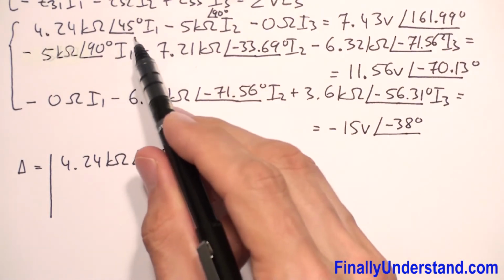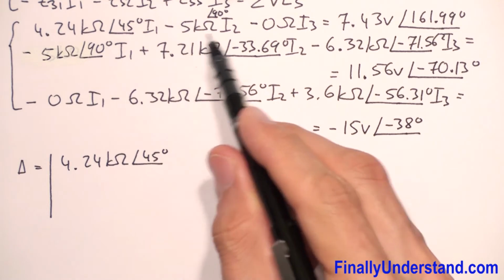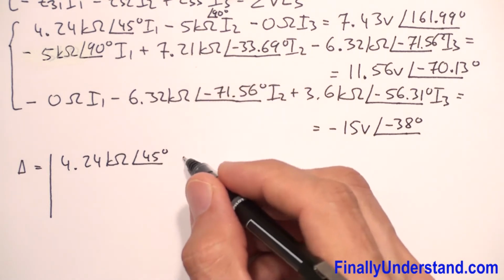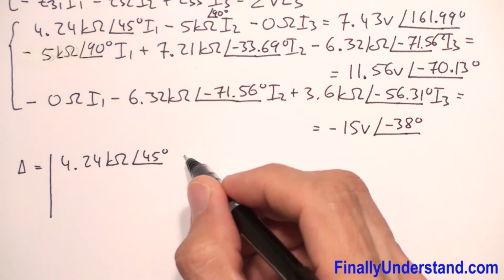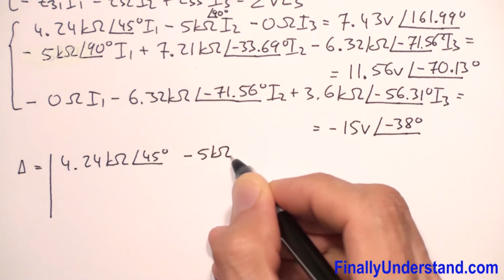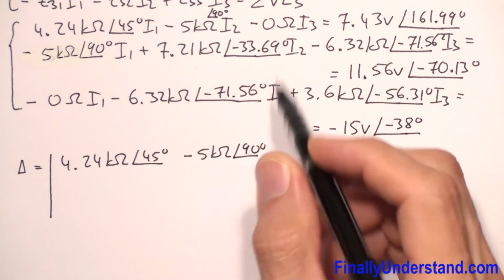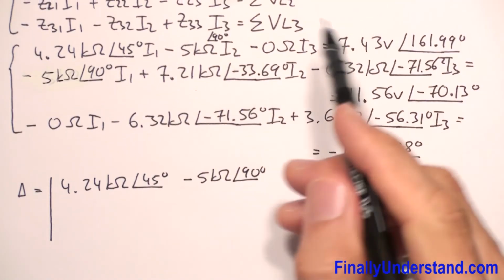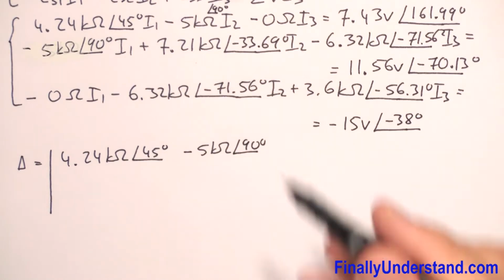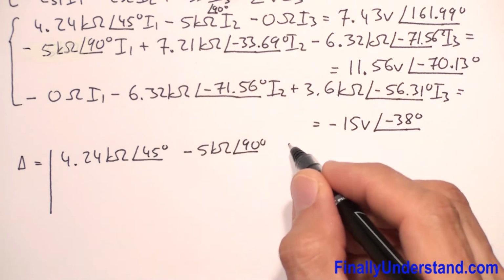Now my second column is going to start with negative 5 kiloohms and angle of 90 degrees. Don't forget about this angle, 90 degrees, and I have 0 ohms.